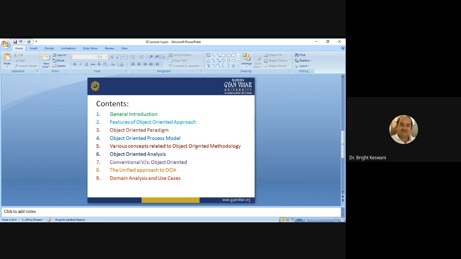Then, the classes are identified and checked whether they already exist in the library for further use or not. Because in the object-oriented approach, when we are discussing data and reusability, what is needed? Whether the classes or the data are already available in the system or not.